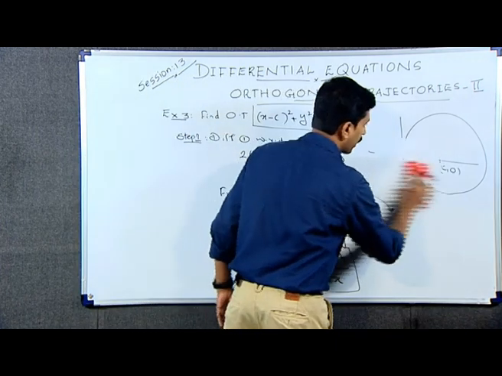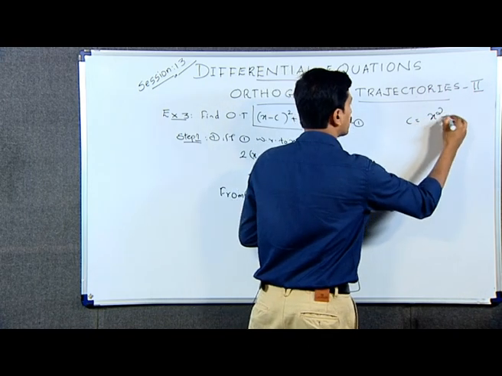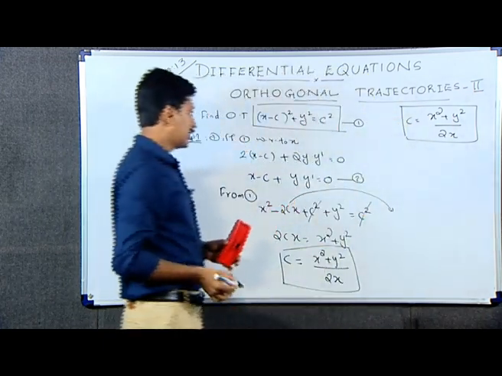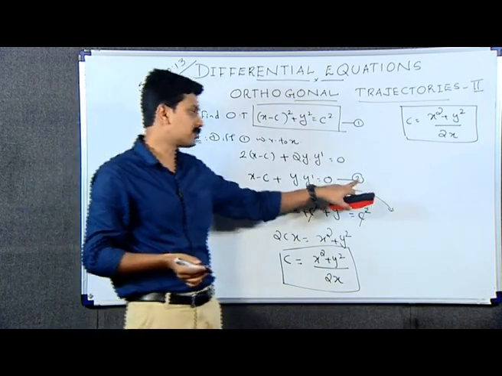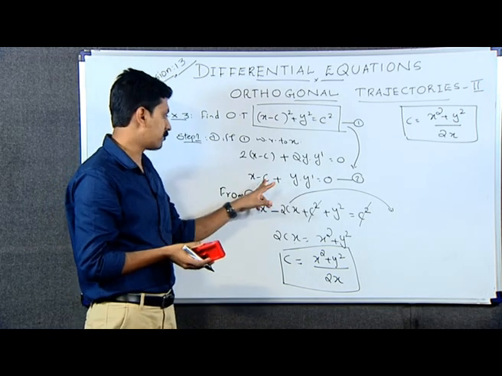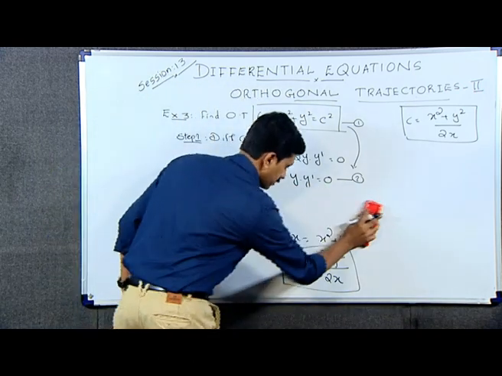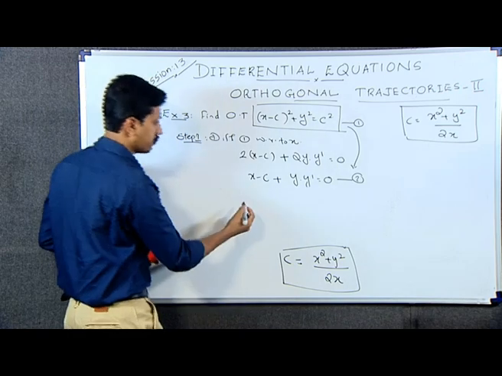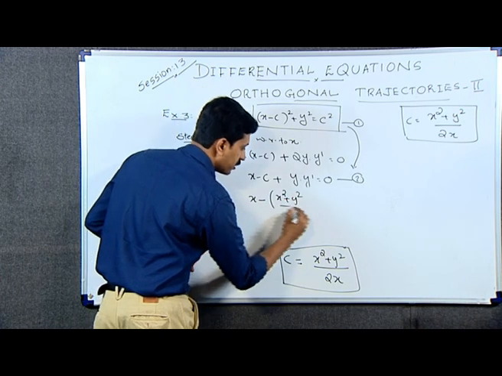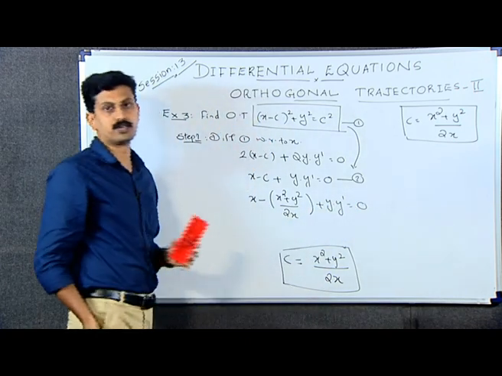We found the value of c, (x square plus y square) divided by 2x, and I am keeping it for further use. In equation 2, the differential equation corresponding to equation 1, we replace c by (x square plus y square) divided by 2x. So, equation 2 becomes x minus (x square plus y square) divided by 2x plus y dash is equal to 0.